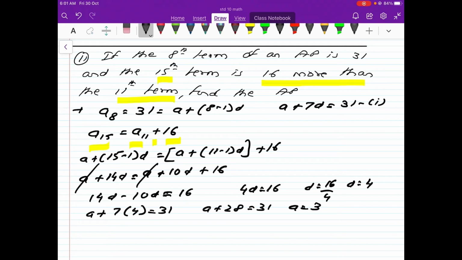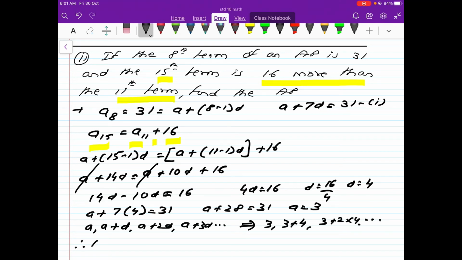Now we are having A and D. Now we just form the equation. So remember, AP is given by the formula A, A plus D, A plus 2D, A plus 3D and so on. So if we put the same thing, it is 3, then 3 plus D is 4, then 3 plus 2 into 4 and so on.